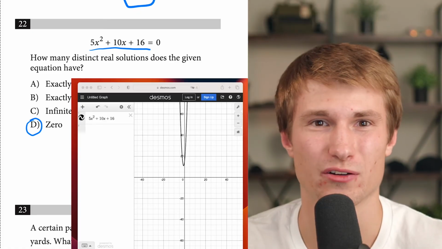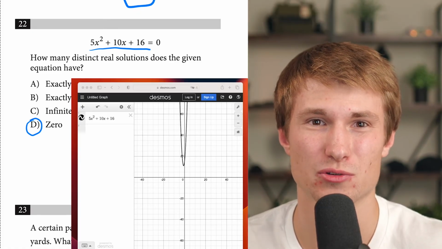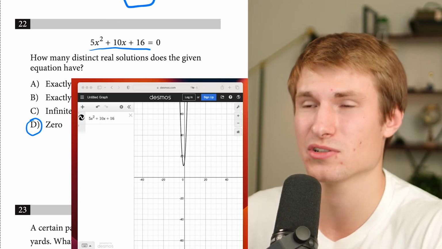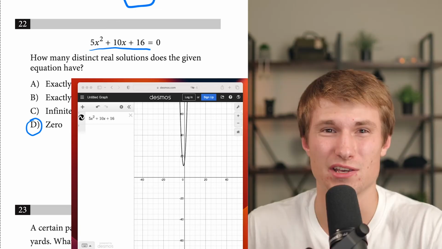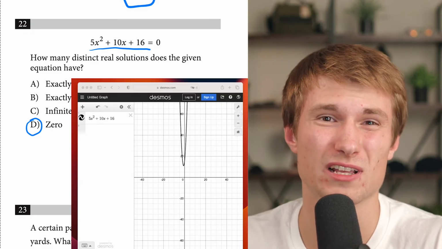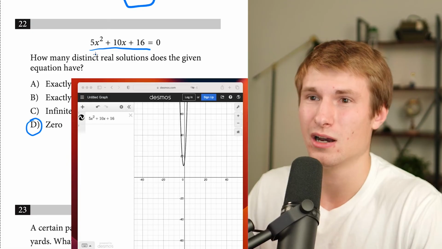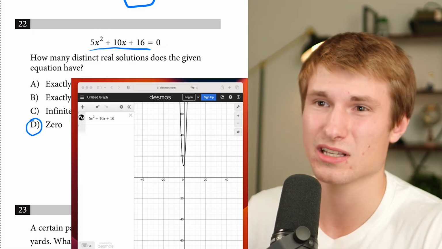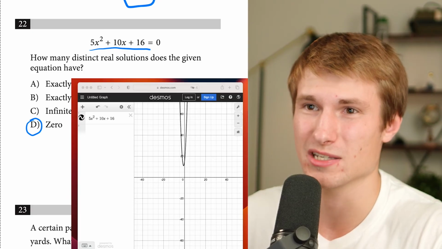If you just put this on the graph, there are really only two potential mistakes. The first potential mistake is you misinput it into Desmos. The second potential mistake is that you misinterpret the graph somehow. Both of those I think are far less likely than you making a mistake doing mental math or inputting things in your calculator using b squared minus 4ac. So for a question like this, I would 100% recommend that you just use Desmos.